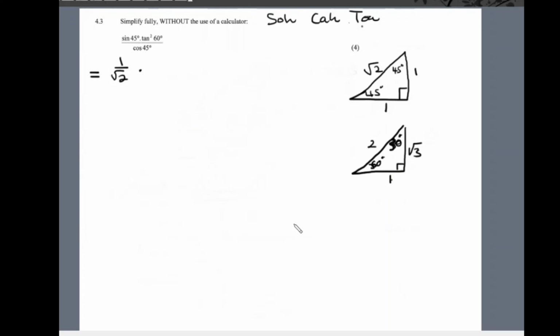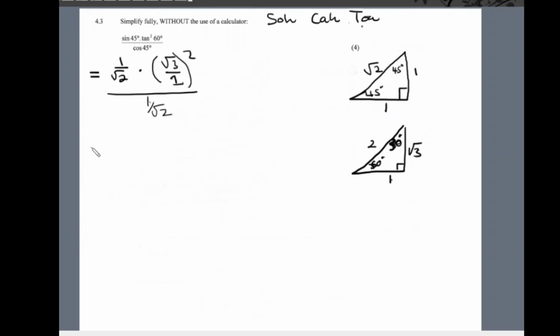So we will have square root of 3 over 1, all to the power 2, right? And then we have cos 45. Again, going to our special triangle, cos from SOHCAHTOA is adjacent over hypotenuse. So that is 1 over the square root of 2.